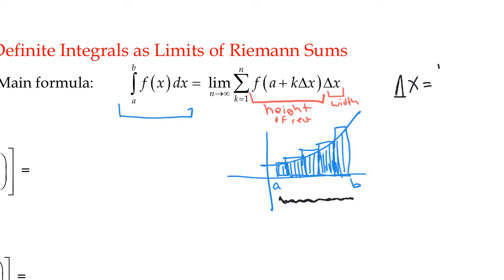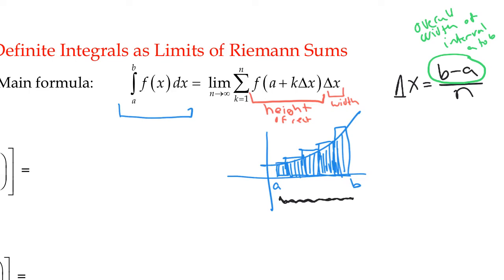That whole distance is b minus a. And how many rectangles are there? We're going to make n rectangles. So delta x is really b minus a over n. And that b minus a is still the overall width of the interval, a to b.